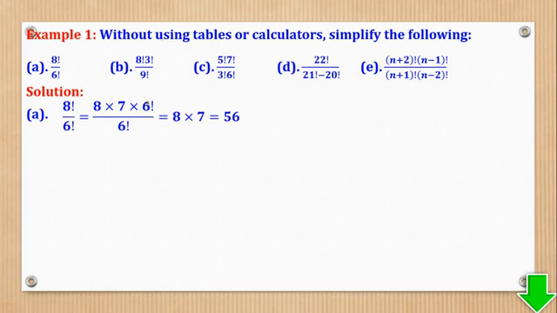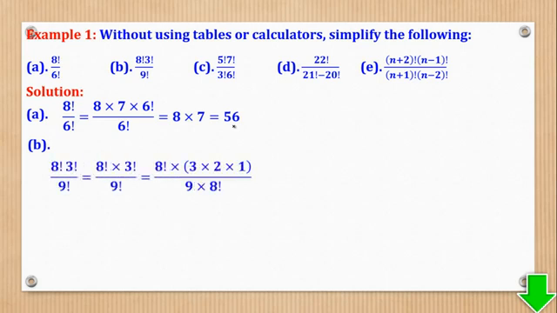Why did we choose to stop at 6 factorial? It is because in the denominator we already have 6 factorial, therefore these two can easily cancel out. Then we remain with 8 times 7, which is 56. And that's what they wanted.